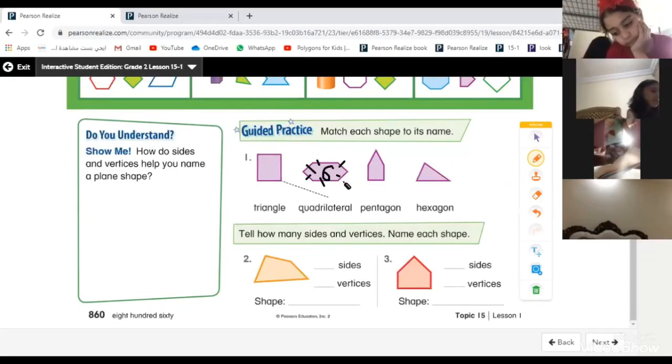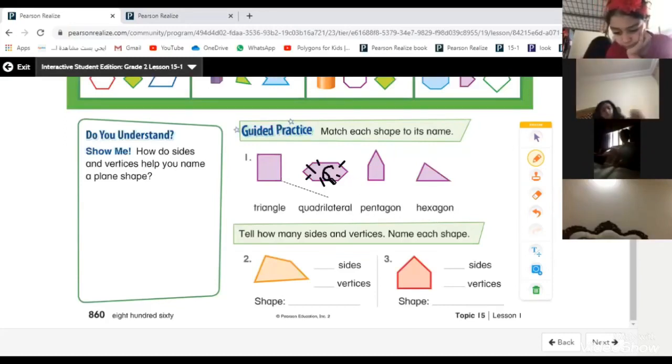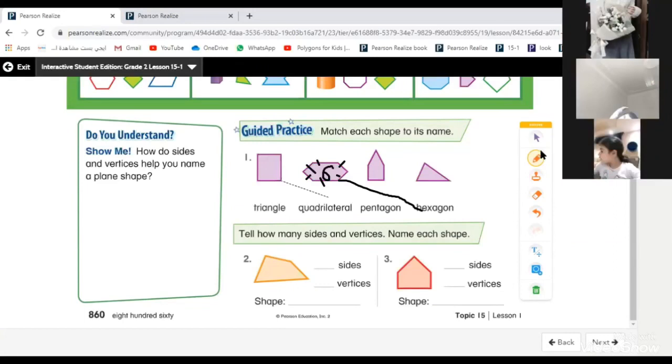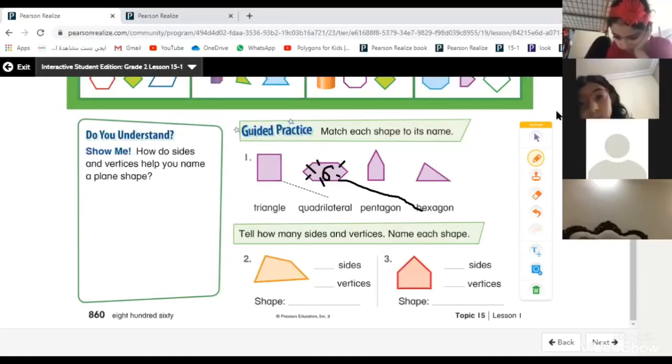Triangle, quadrilateral, pentagon, hexagon. From the word 6, like hex. Hexagon. It is named hexagon. Okay, thank you. Repeat, hexagon.